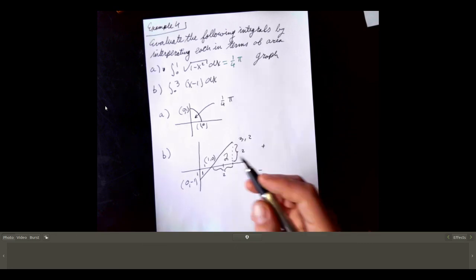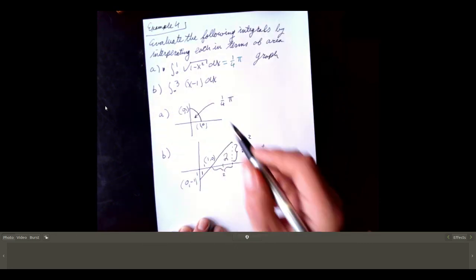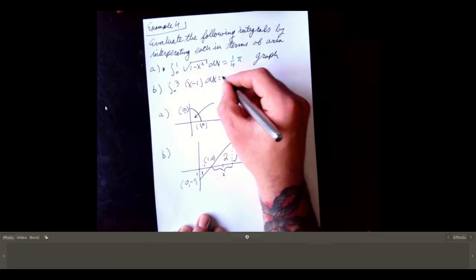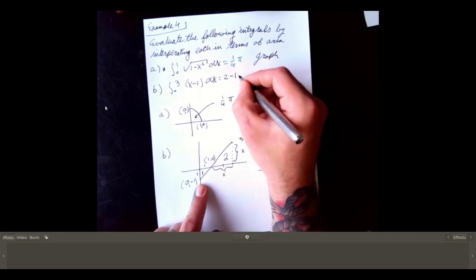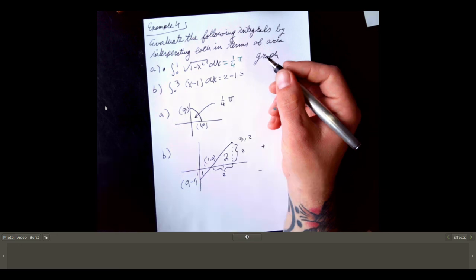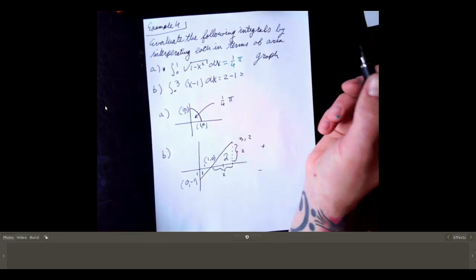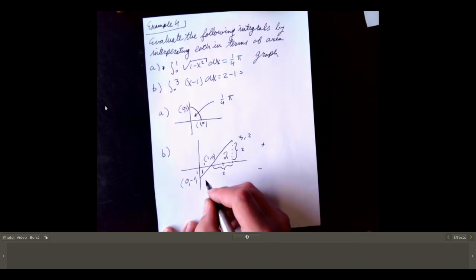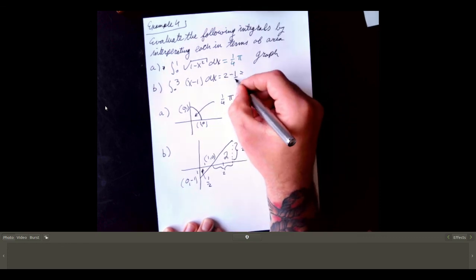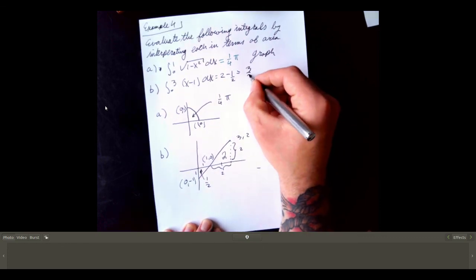So when we go to figure out the entire area, we're going to get 2 minus the area that lies beneath the x-axis, which is 1. I'm sorry. Base times height divided by 2, we have an area of 1/2. So we'd get 2 minus 1/2, which is 3/2.